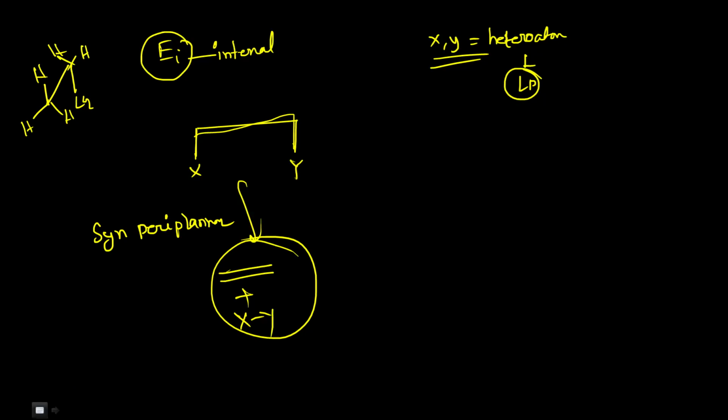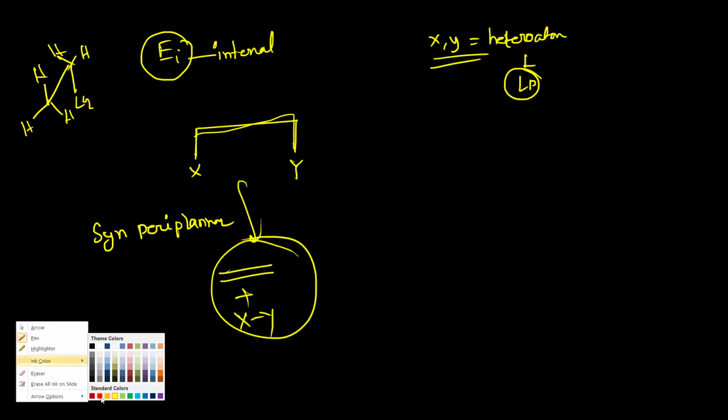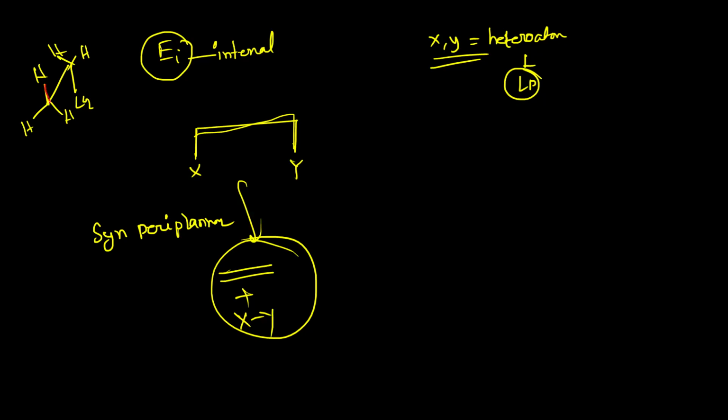These two groups should be anti-periplanar for the E2 reaction. I forgot to write, these are anti-periplanar, like this. One is up, then another is down, and if you see from here, the angle will be 180 degrees. Okay, this is basically anti-periplanar.